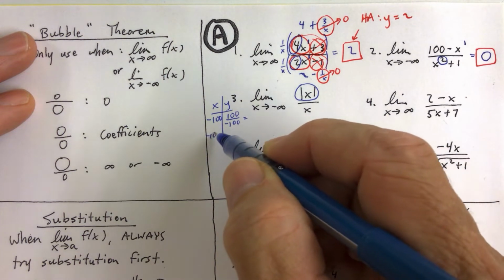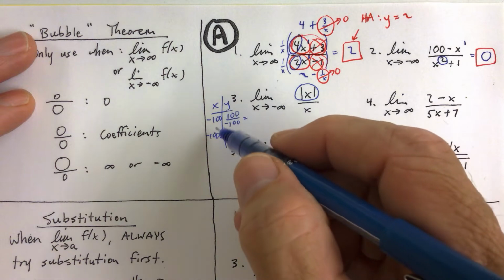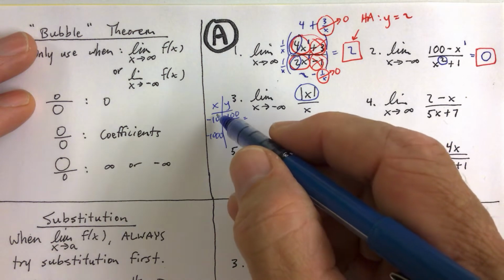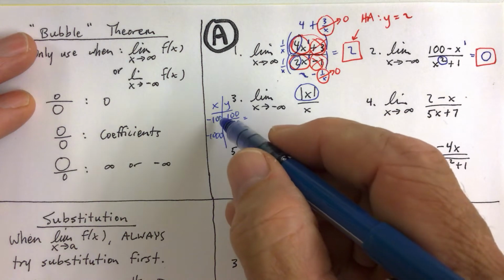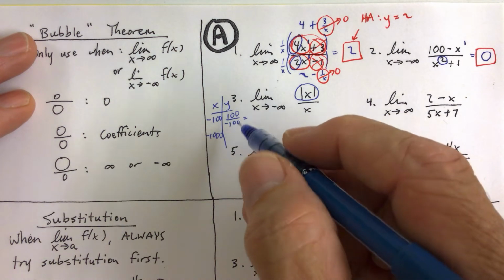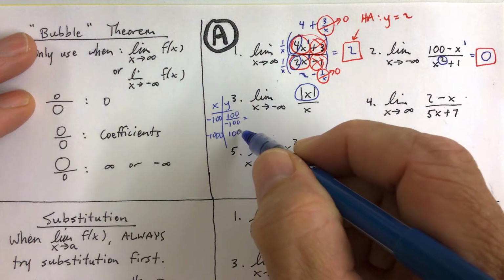If we let x be negative 1000, so we can see we're sending x towards negative infinity, but pretty slowly, negative 100, negative 1000, and we want to do this so we can see a pattern.